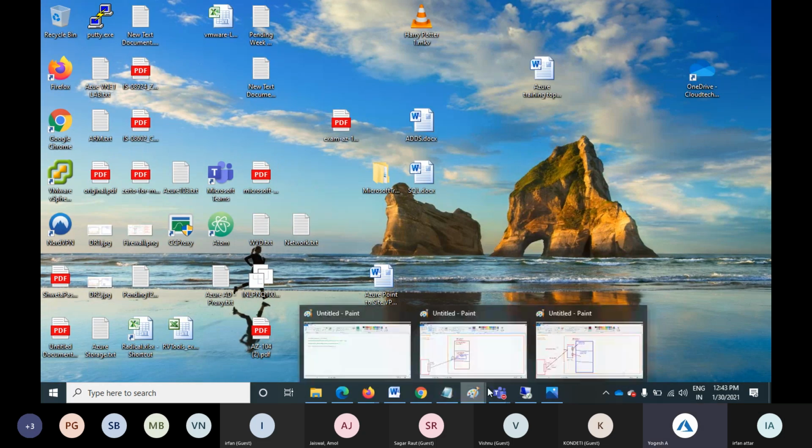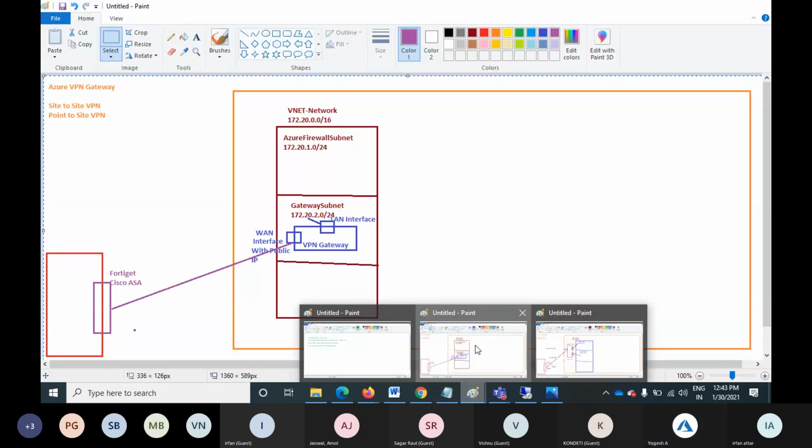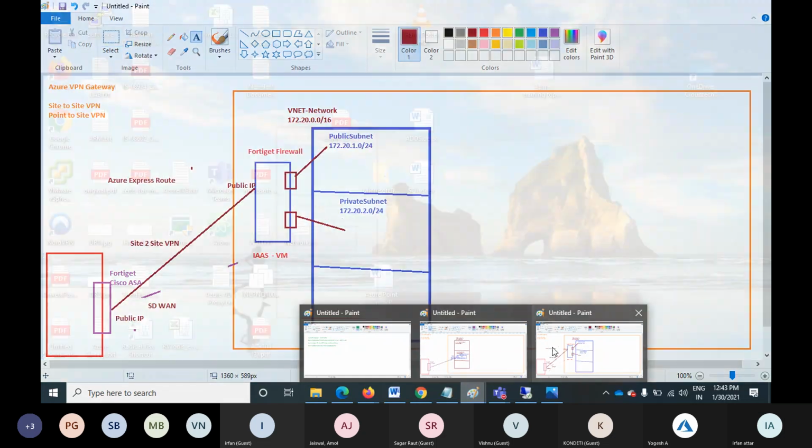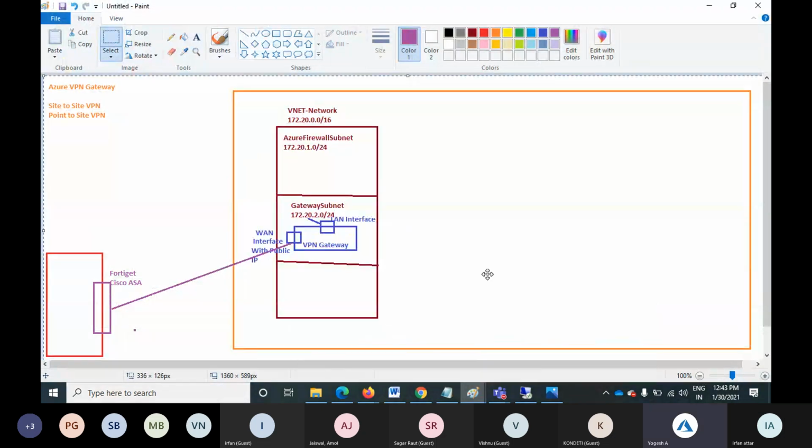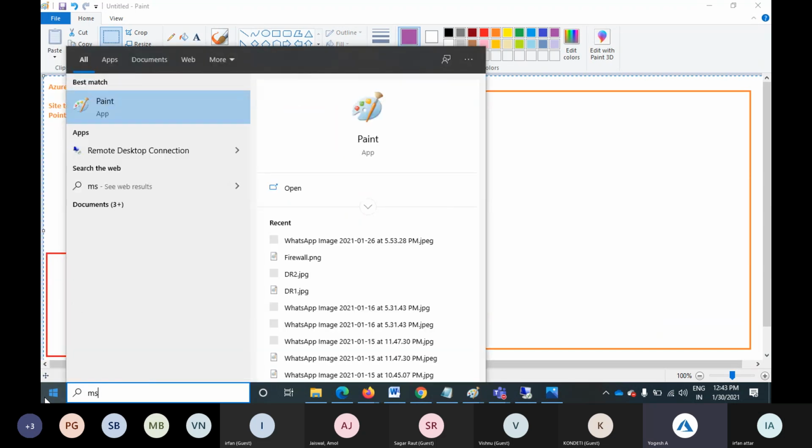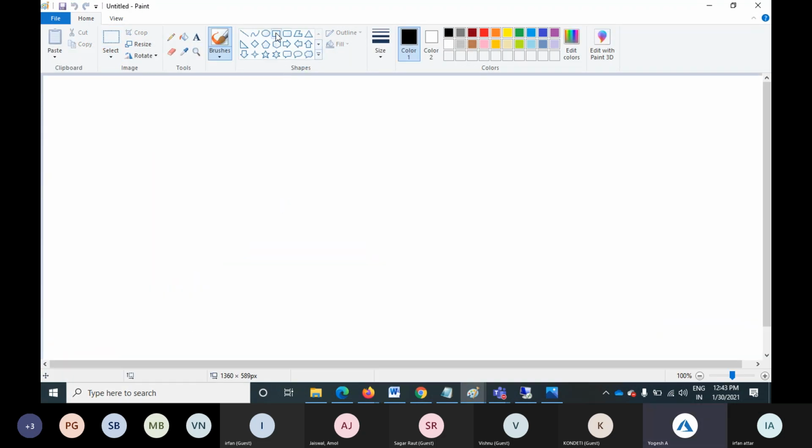Okay, so let's go into our lab. Now, VPN gateway. We'll understand how it works through a scenario.